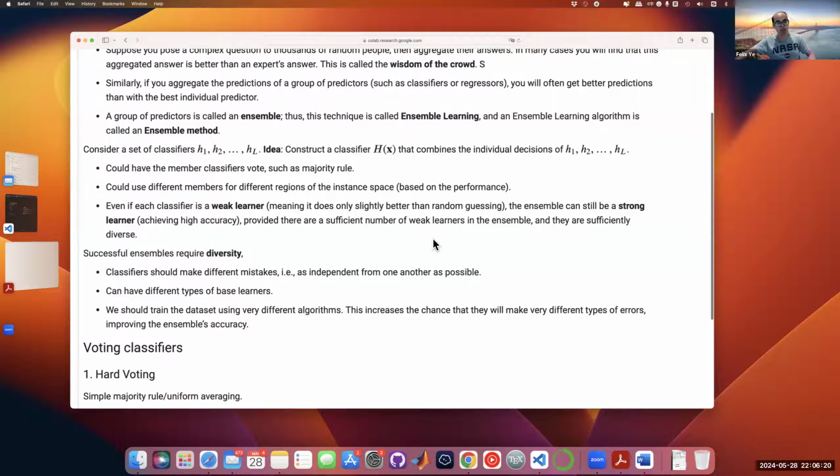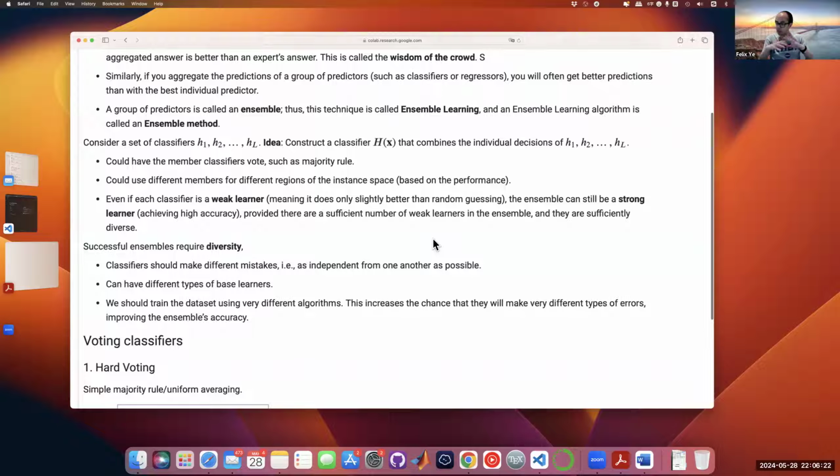But the most important thing is that each classifier you work with could be just a very weak learner, meaning it is only slightly better than random guessing. Maybe you only get 51 or 52% accuracy on this binary classification problem.